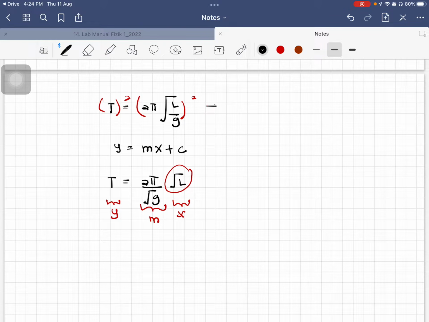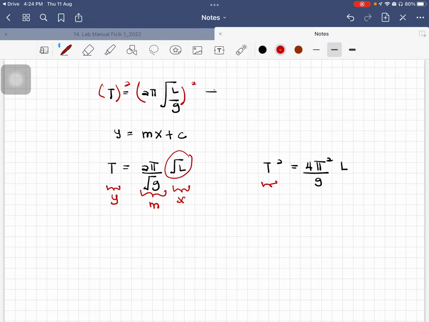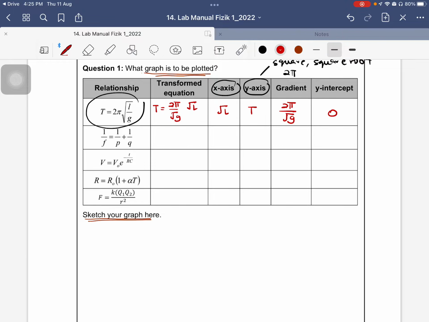So you will have t square equal to 4 pi square over g times L. Here your y becomes t square, your m becomes 4 pi square over g, and your x is L. It depends on your understanding of how to transform your equation. If you use the second way, you will have t square equal to 4 pi square over g times L. Your x-axis is L, your y-axis is t square, your gradient should be 4 pi square over g, and your y-intercept is still 0.